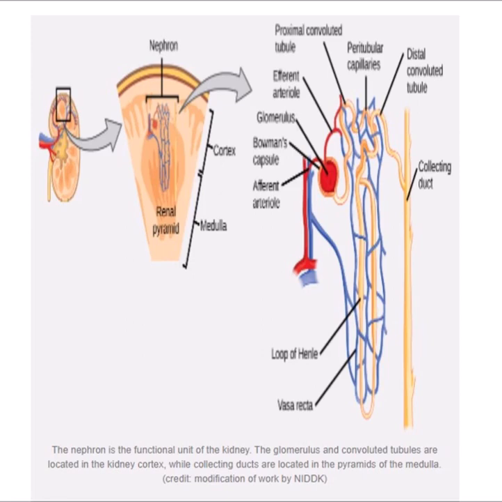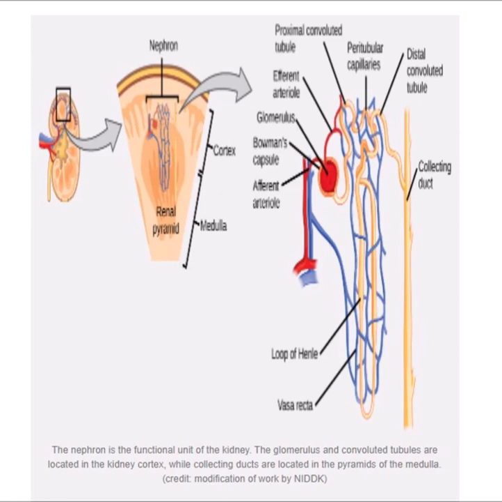Number one is the cortical nephrons, which make up about 85% of the nephrons, and are deep in the renal cortex. And the second type of nephron is the juxtamedullary nephrons. The juxtamedullary nephrons make up 15% of the nephrons, and they lie in the renal cortex close to the renal medulla.